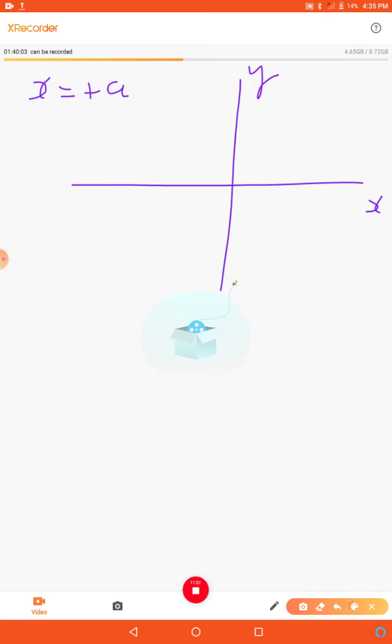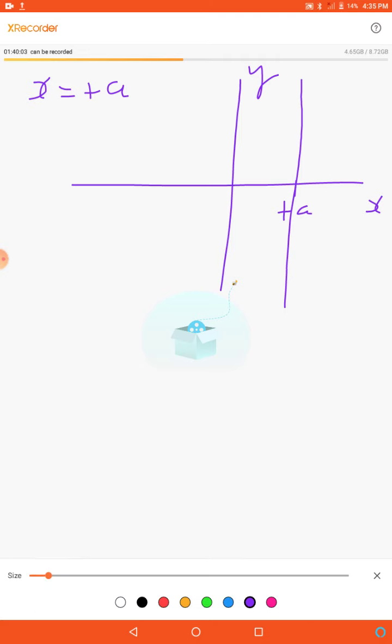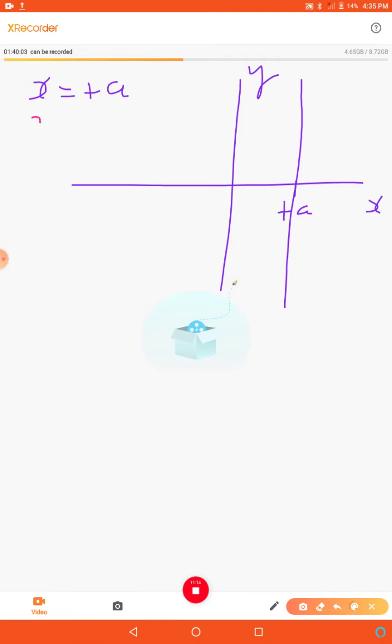So x is equal to plus a means somewhere on the x-axis there is plus a. The line x is equal to plus a is a straight line parallel to the y-axis. Similarly, you can have x is equal to minus a, some point on the minus x-axis. So that is minus a.